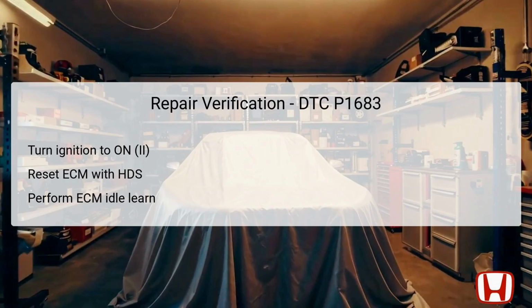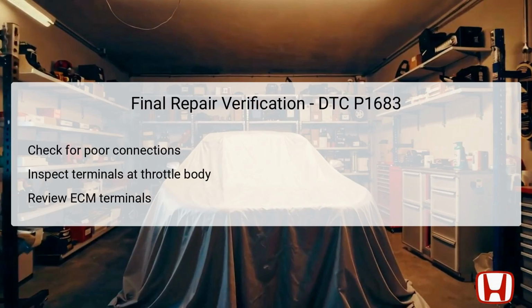The next step is to switch the ignition back to lock 0 for 10 seconds, followed by another turn to on 2 position. Finally, check again for any pending or confirmed DTCs with the HDS to confirm that P1683 is no longer indicated, thereby ensuring successful troubleshooting.